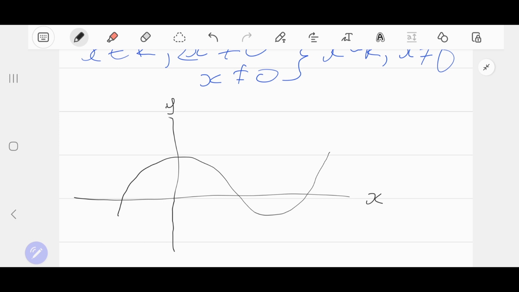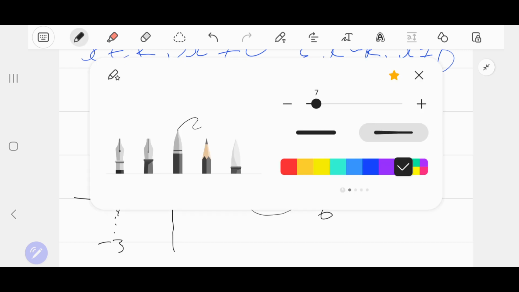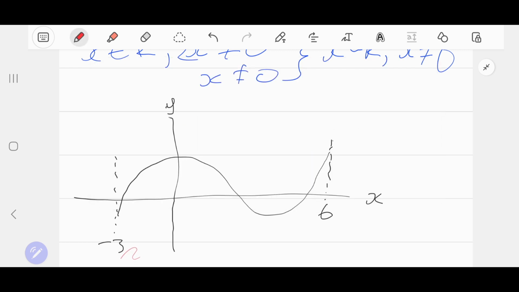And then it ends here, people. You are given the interval, maybe here it's 6, and maybe here it's 3 or -3. Then you're given that the function exists between this domain of 3 to 6.